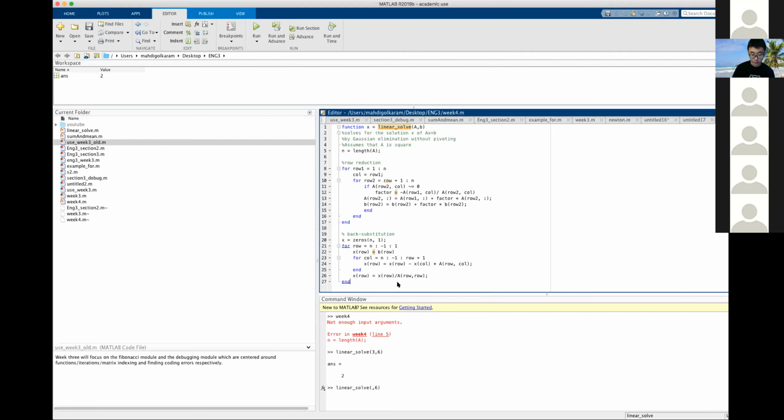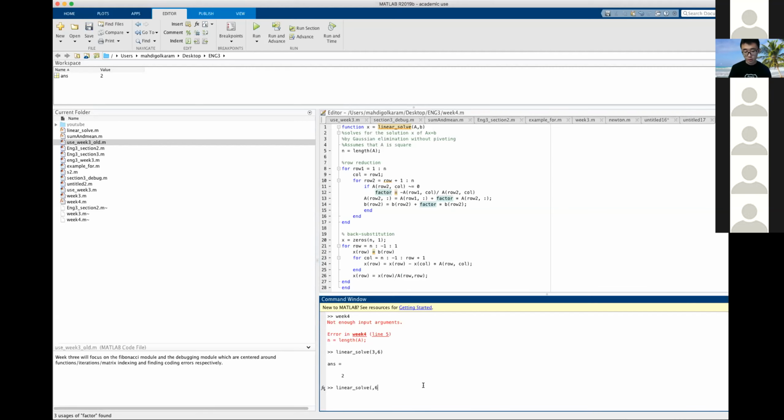Oh sorry, so we have to end our function definition. This is our function, right? So if we do, let's say, linear solve, we just do a matrix, okay? 3, 9.